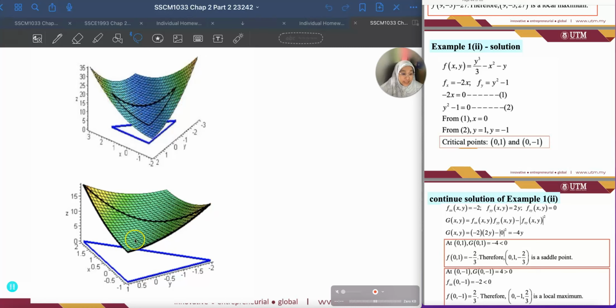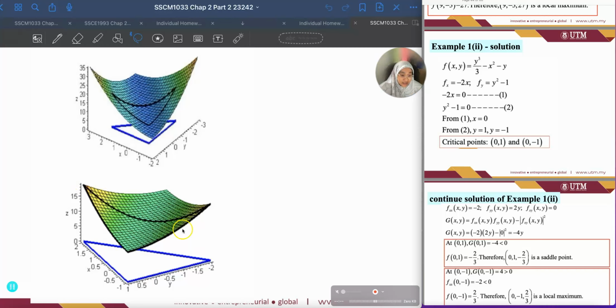Similarly, we have another surface maybe. You can see that we limit the region only at this triangle, which is on the surface. We're only interested to know which point will give you the highest value and the smallest value. From the figure here, maybe this one will give you the highest value of f, here z, which is the value of f.